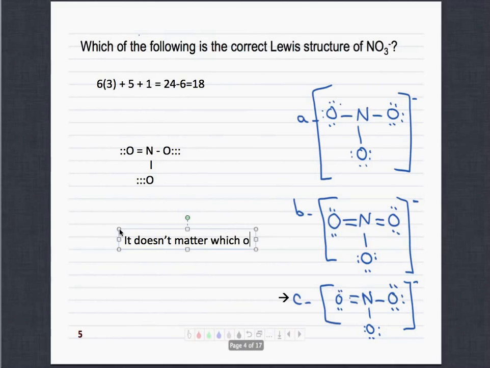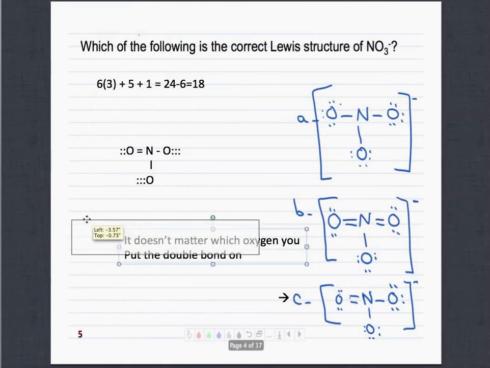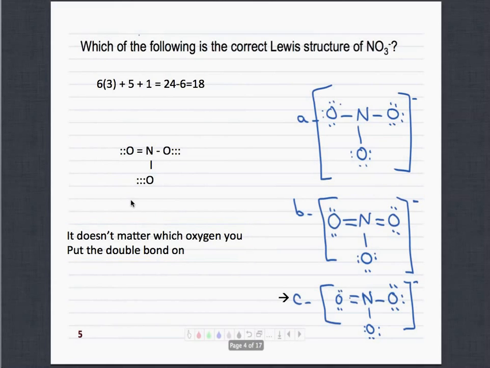And that definitely makes C the right answer. Okay. Let's see what's next. We're going to talk more about the nitrate when we talk about resonance, more Lewis structures. But for the moment, with the information that we already learned, that's one of the right structures, the correct Lewis structure.